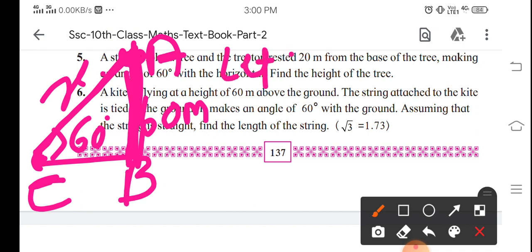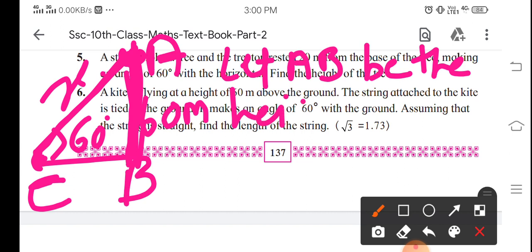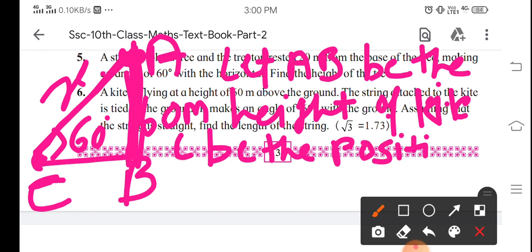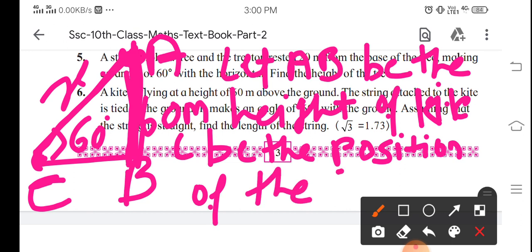Let AB be the height of kite which is above the ground. Okay, you can write that also. And C be the position of the string.